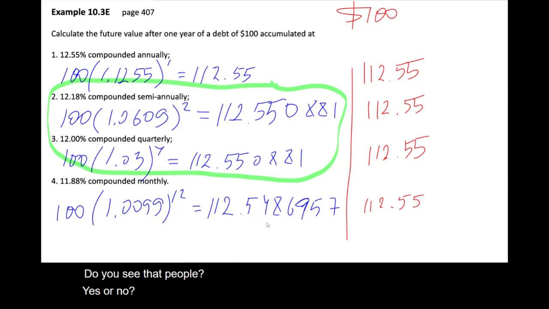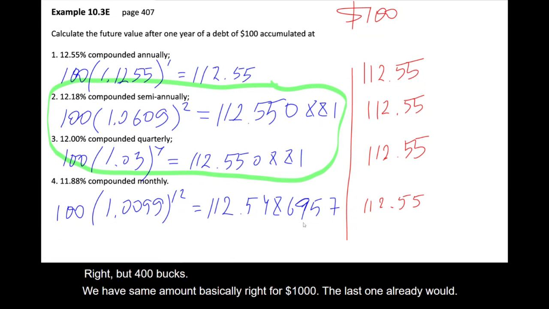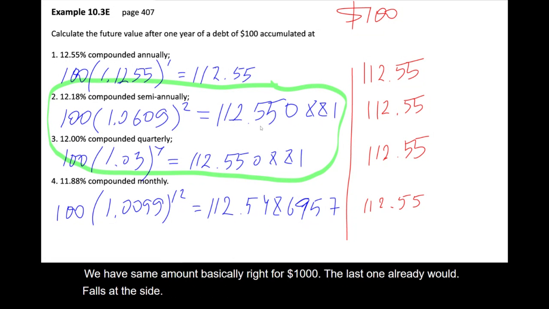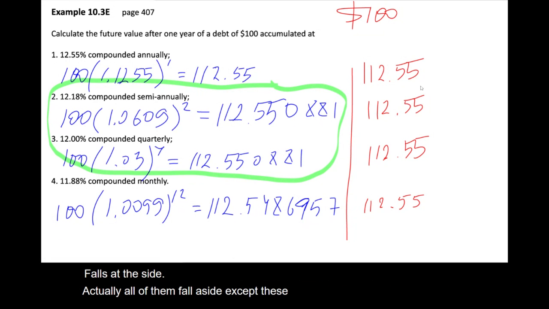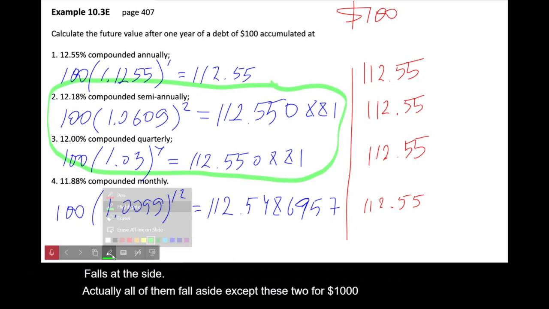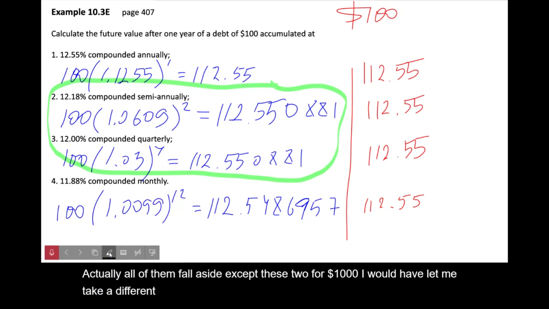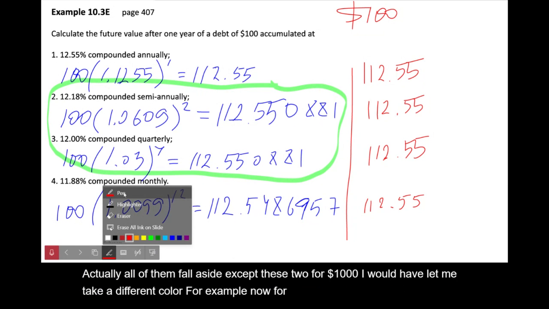Right? But for $100, we have the same amount, basically, right? For $1,000, the last one already what? Falls aside. Actually, all of them fall aside except these two. For $1,000, let me take a different color, for example, the pen.